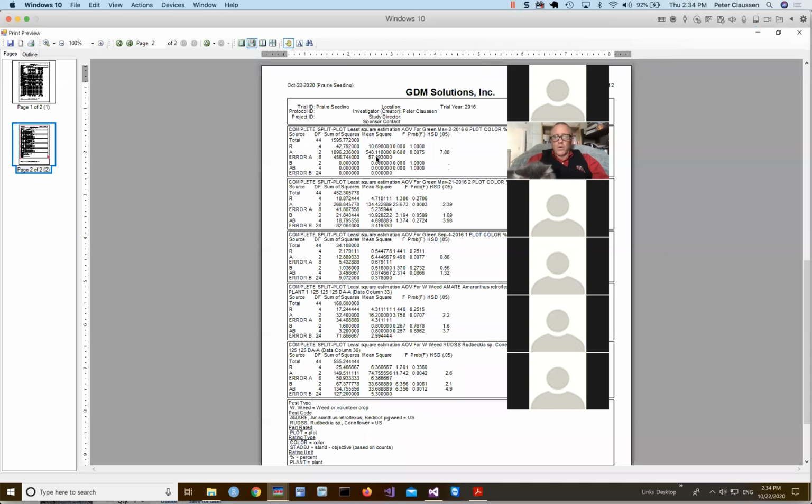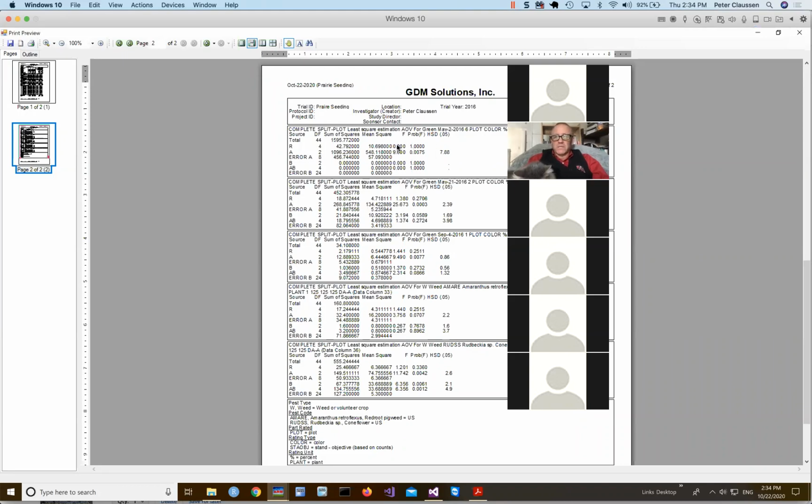Since I only had one picture for each of the whole plots, I am able to analyze the whole plot as an RCB. This is what I want to emphasize with split plot: whatever you do at the whole plot level will be analyzed as if it were an RCB at the whole plot level.